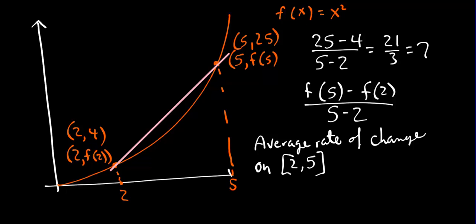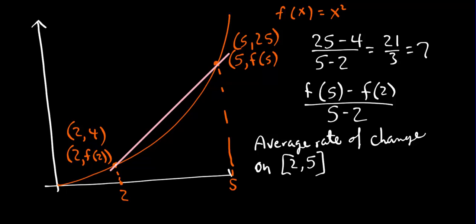Because see, when we find the slope of a line, we're finding the rate of change of that line. Well, we would like to be able to find the rate of change of maybe this curve at a point. So I start off saying, well, I know how to find the rate of change of a line. That's just the slope. So I've got the steepness there. So I just took the difference of the y's over the difference of the x's, just the old slope formula.